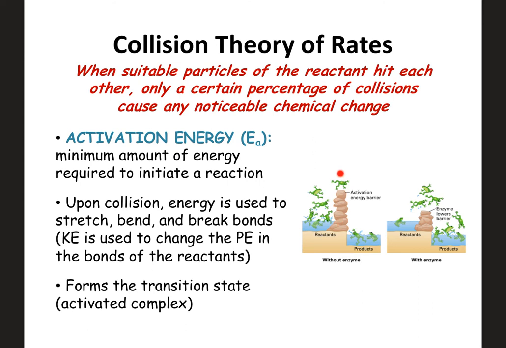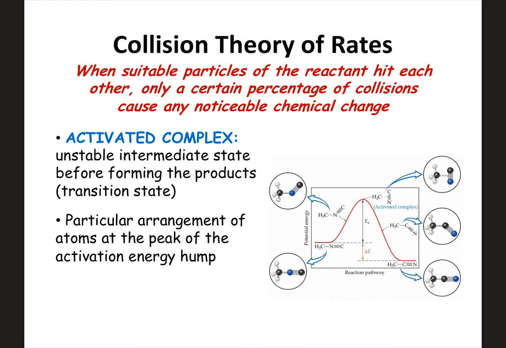So there's a certain amount of energy. We call that the activation energy, a minimum amount of energy that must be met in order for a reaction to actually take place. This activated complex that I talked about on the previous slide is just this unstable intermediate state before the products actually form. It's this transition state between the reactants and the products, right? So if we're looking over here, we have our reactants starting the reaction.